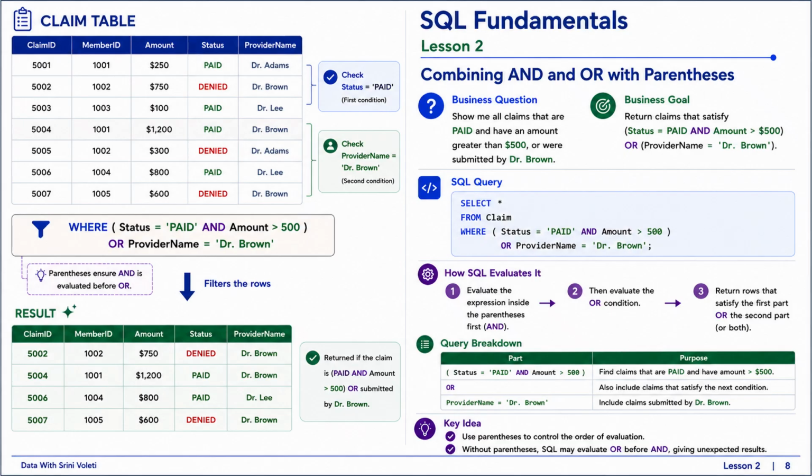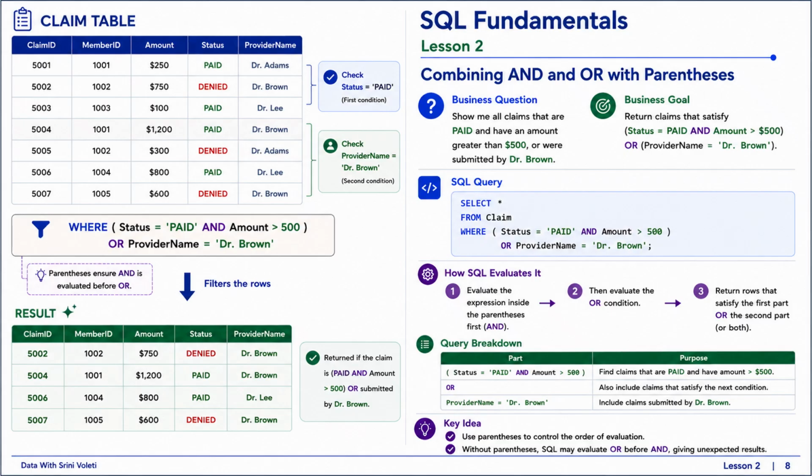Claim 5006, this claim is paid and the amount is $800. This satisfies the expression inside the parentheses. Even though it was not submitted by Dr. Brown, the first part of the query is already true. SQL returns the row. Finally, claim 5007, this claim is denied, so it fails the first expression. However, it was submitted by Dr. Brown. Because the OR condition is satisfied, SQL includes it.